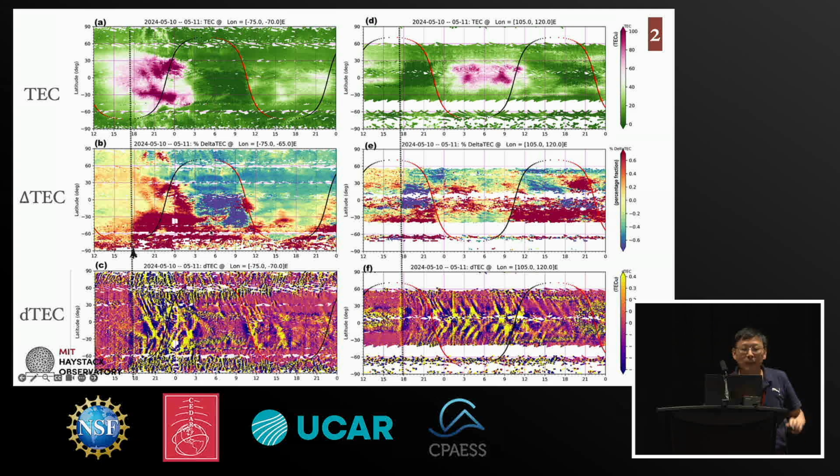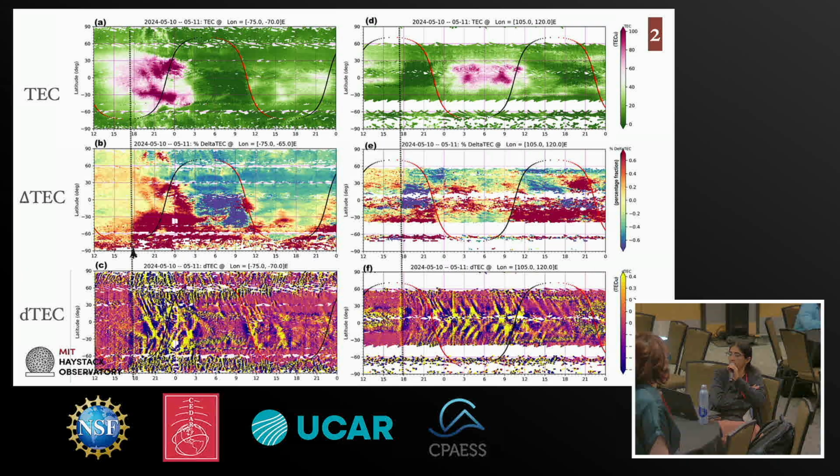Yeah, this significant depletion is obvious, but I don't know what part of depletion we're talking about. So we are seeing the ionospheric density hole around 4 to 6 UT.